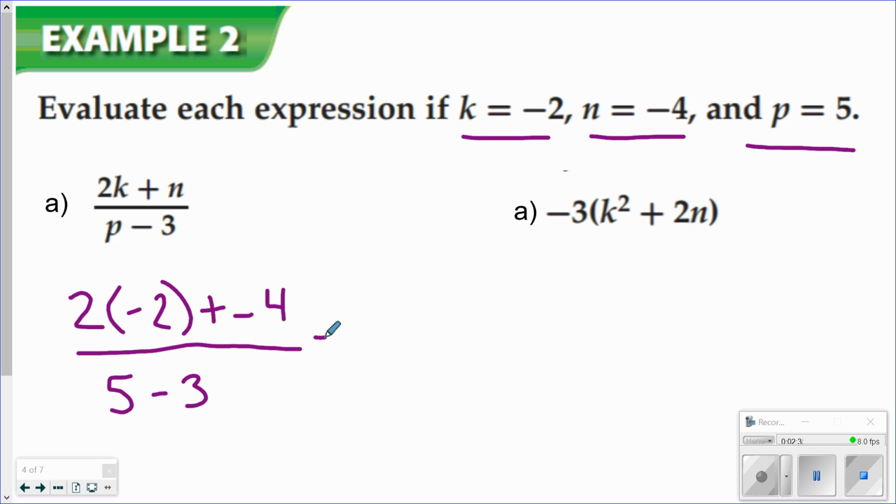All right, so let's simplify the numerator. So 2 times negative 2 plus a negative 4, you can plug that right into your calculator. And when you do so, you get negative 8. In the denominator, we can also just plug that in our calculator, 5 minus 3, and that is 2. So our final answer then is negative 8 divided by 2, which is negative 4.